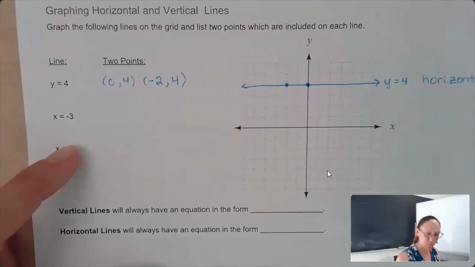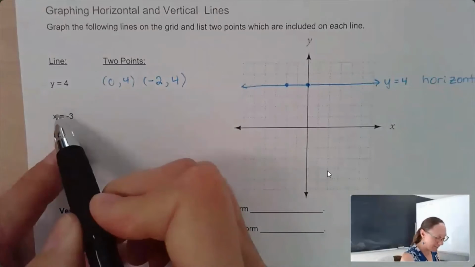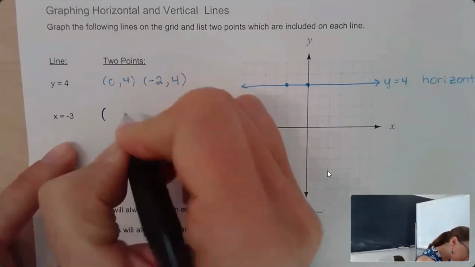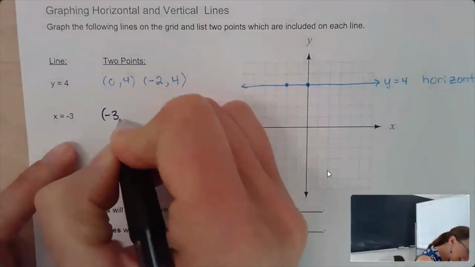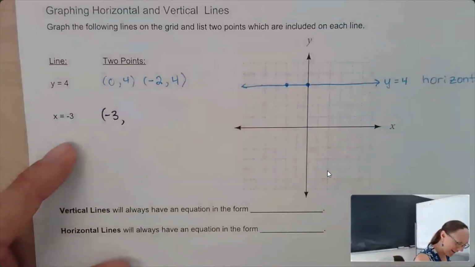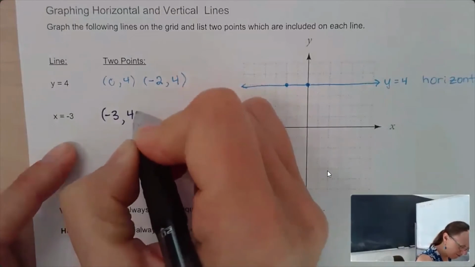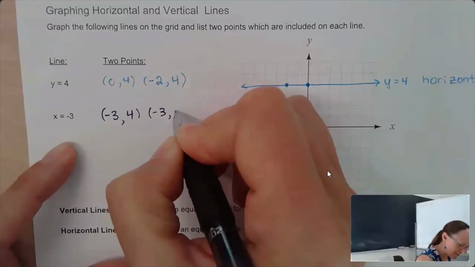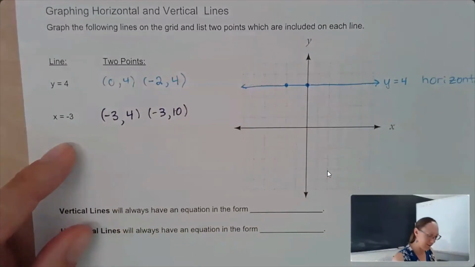My invisible exponent on the x is a 1, so I know it's a line. And if I need to find 2 points, that says x is going to be -3, but y can be absolutely anything at all. So maybe I've got -3, 4. Maybe I've got -3, 10 as 2 possible points.